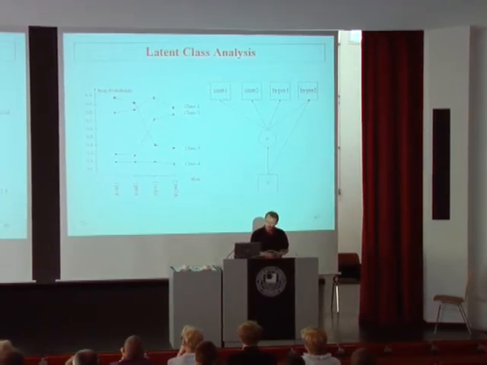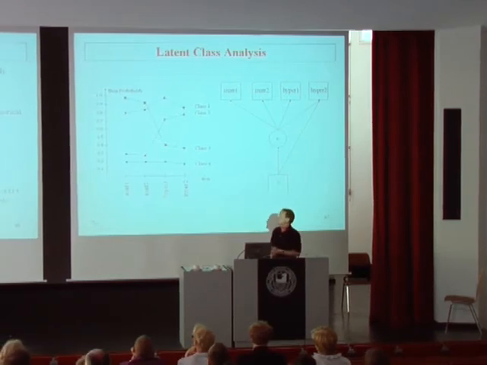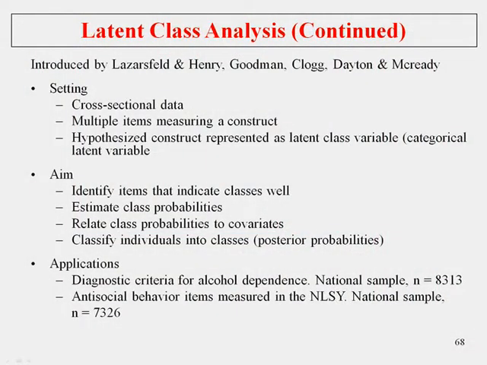Now, much of this has been described by the classic book from 1968 by Lazarsfeld and Henry, by Leo Goodman's work in sociological and statistical journals, by Cliff Clogg's work in the same journals, and Mitch Dayton and George Macready in the educational settings. And we're going to take several examples of this.